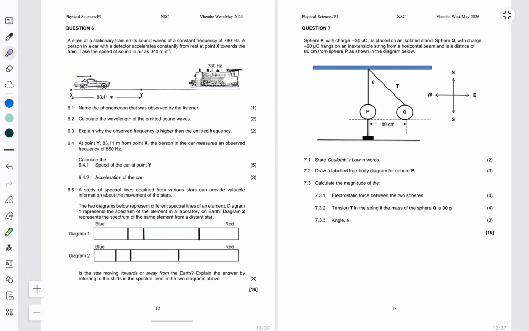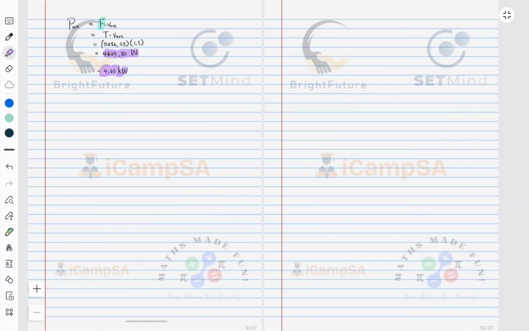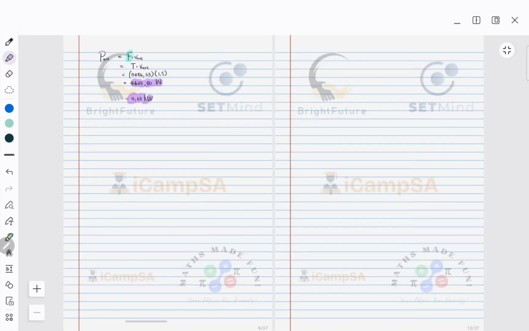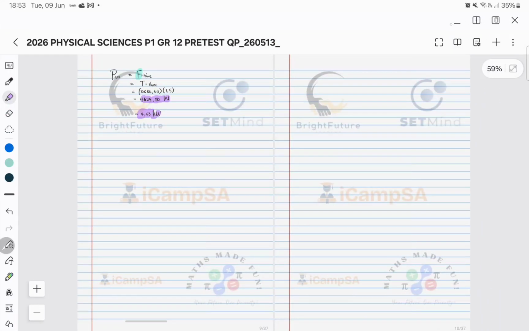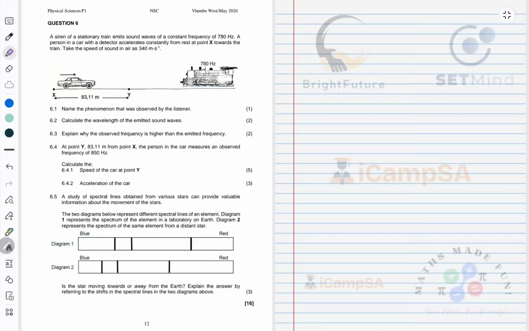All right, now we are going to question 6. A siren of a stationary train emits sound waves of a constant frequency of 780 hertz.